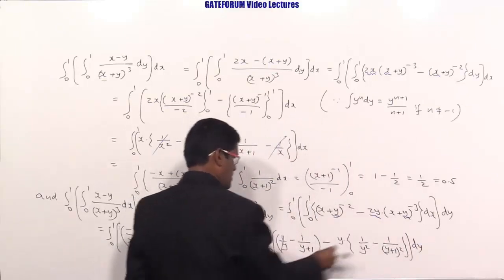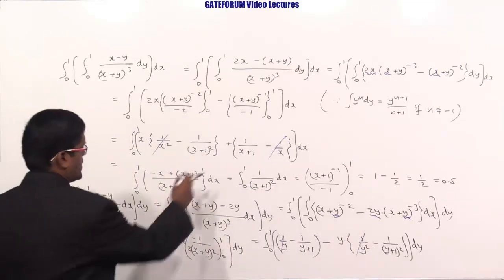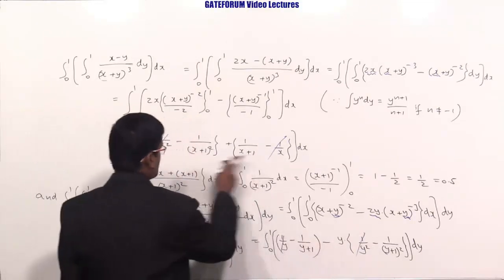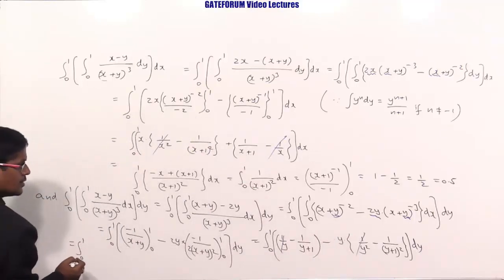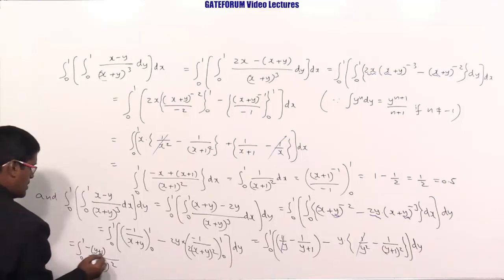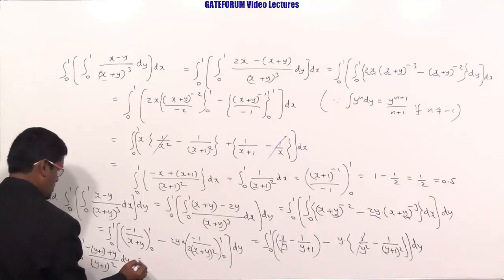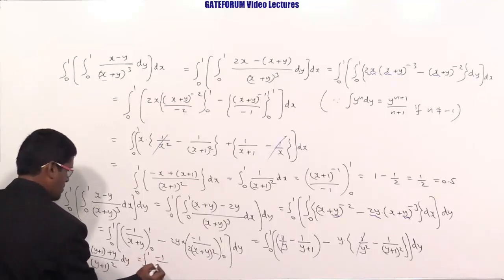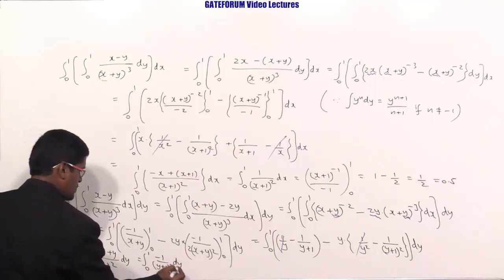So here plus 1 by y, this minus 1 by y got cancelled, and in the remaining we will be getting, here plus and this is minus, so finally this is 0 to 1, taking LCM (y plus 1) whole square, and this is minus of (y plus 1), and that is minus into minus plus y dy. So here 0 to 1 minus 1 by (y plus 1) whole square dy.